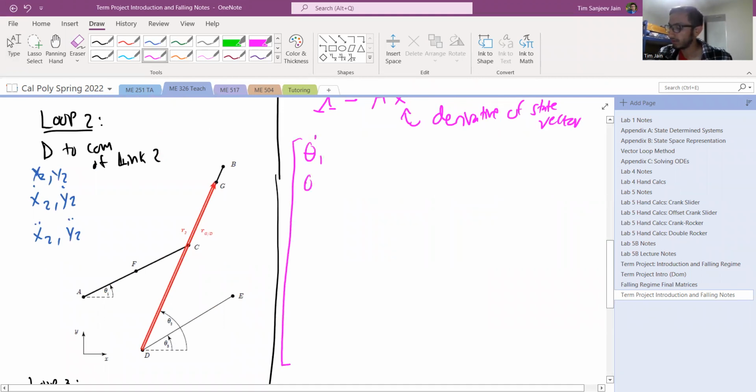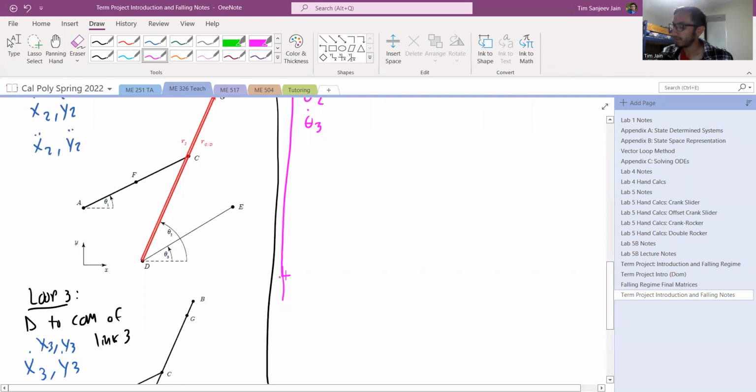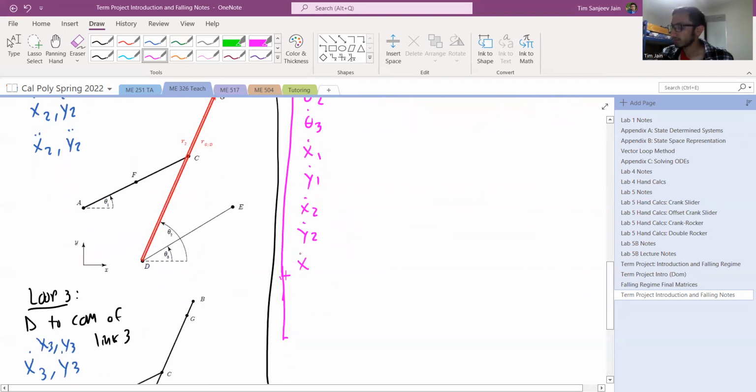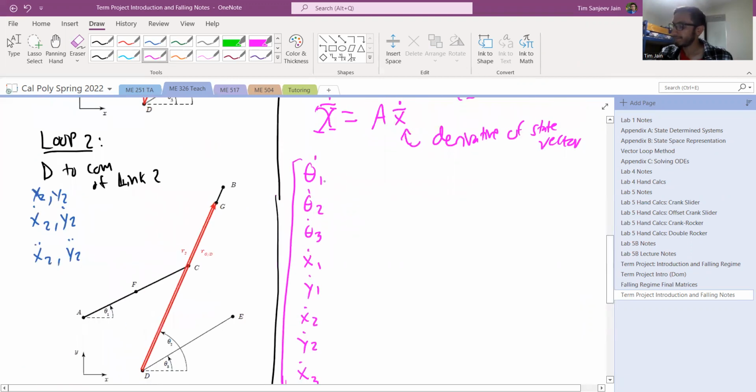So that chi is going to have theta 1 dot, theta 2 dot, theta 3 dot. You're going to put your state variables in there first, but we have to augment it, meaning increase the size of the matrix to have x dot 1, y dot 1, x dot 2, y dot 2, x dot 3, y dot 3. And that's going to be chi dot.